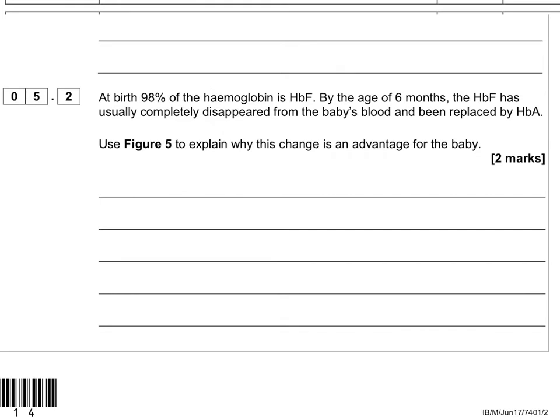Question 5.2. At birth, 98% of the hemoglobin is HbF, and by the age of 6 months, it has usually completely disappeared from the baby's blood and has been replaced by HbA. Use figure 5 to explain why this change is an advantage for the baby. So you need to look back at figure 5.